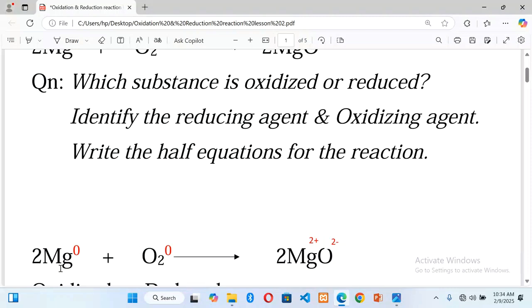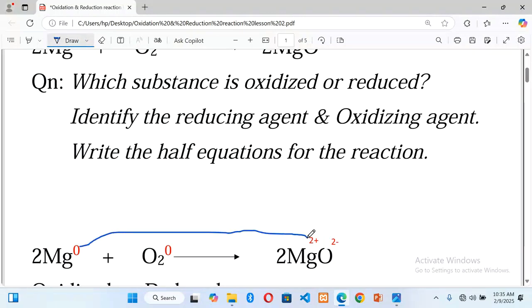So we can see in this equation, the oxidation number of magnesium from the reactant side is changing from 0 to positive 2. So it is increasing.